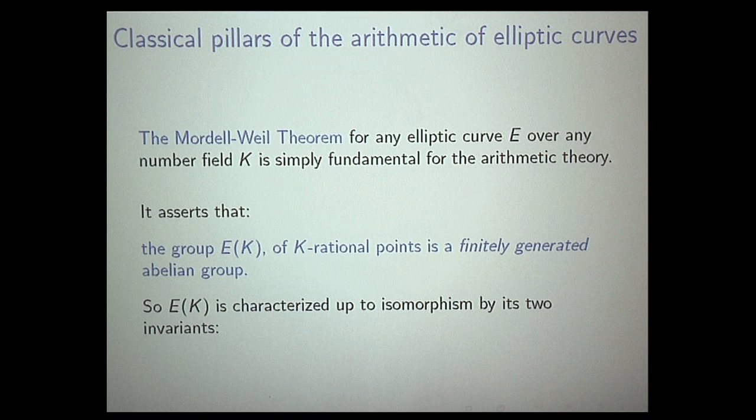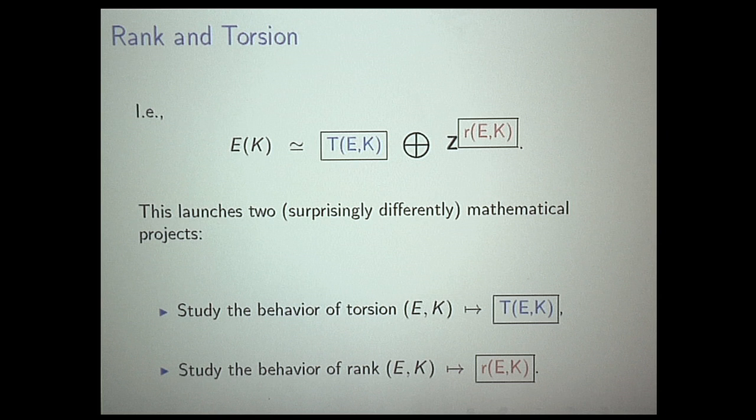Finitely generated abelian groups are characterized up to isomorphism by the isomorphism type of its torsion subgroup and its rank. That is to say, any finitely generated group can be written as the direct sum of a finite group, that's in blue there, and Z to a finite power, which is in red.